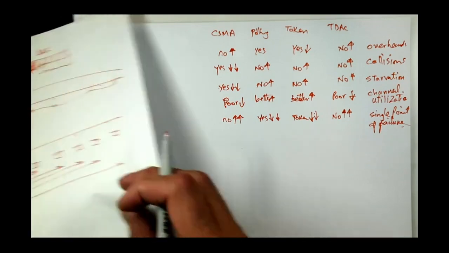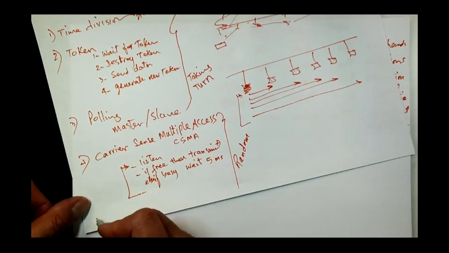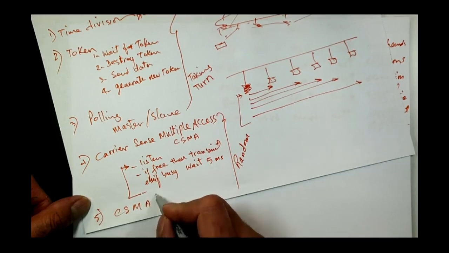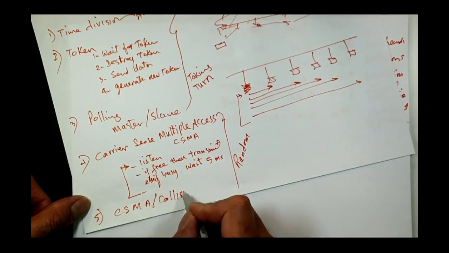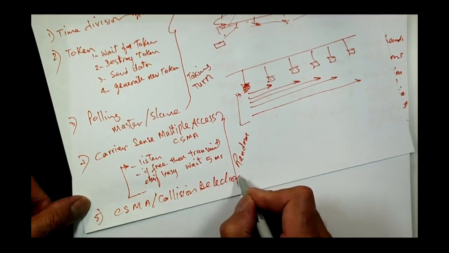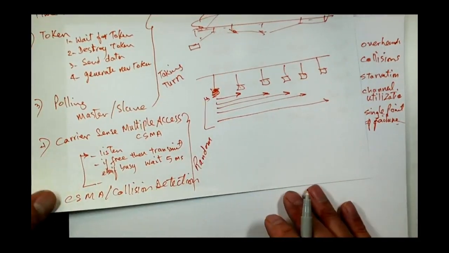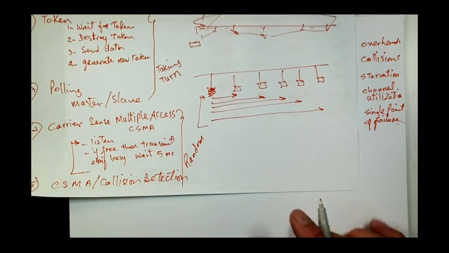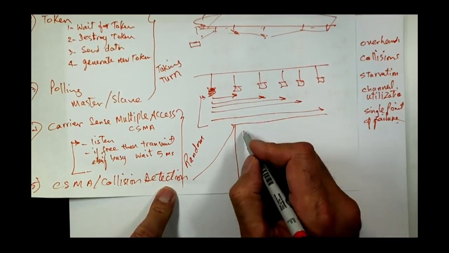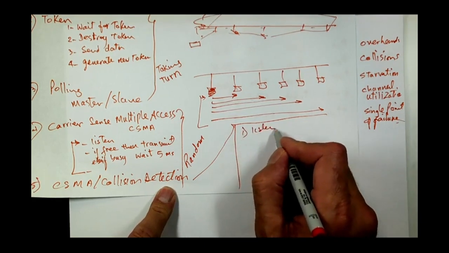So then finally they introduced another protocol, with the same name plus collision detection: carrier sense multiple access with collision detection. The protocol says, listen to the channel.